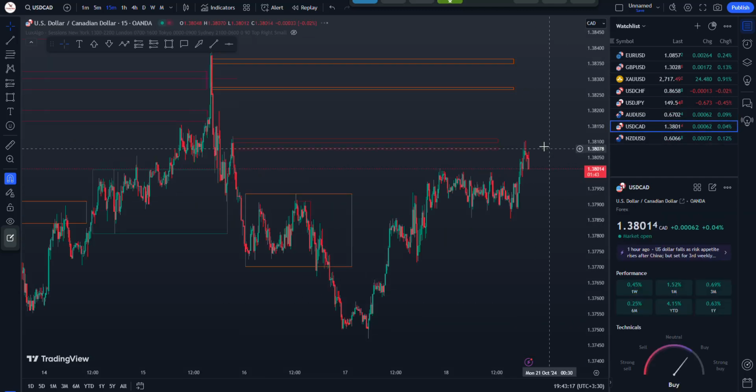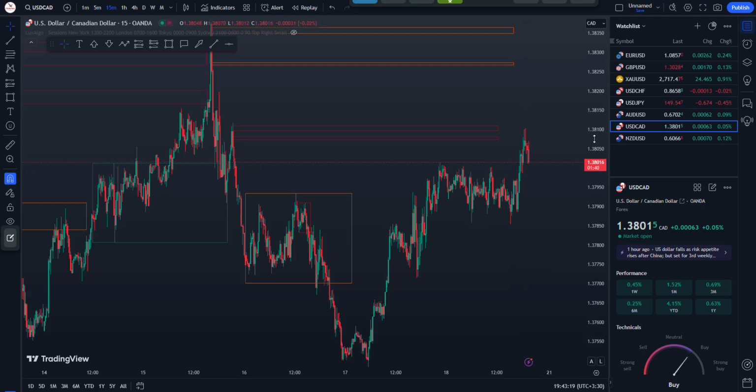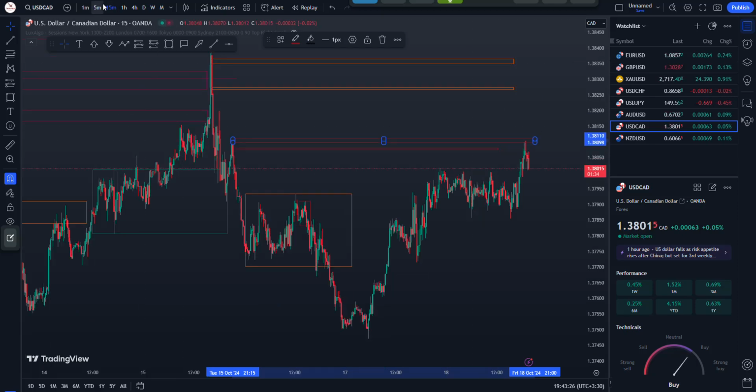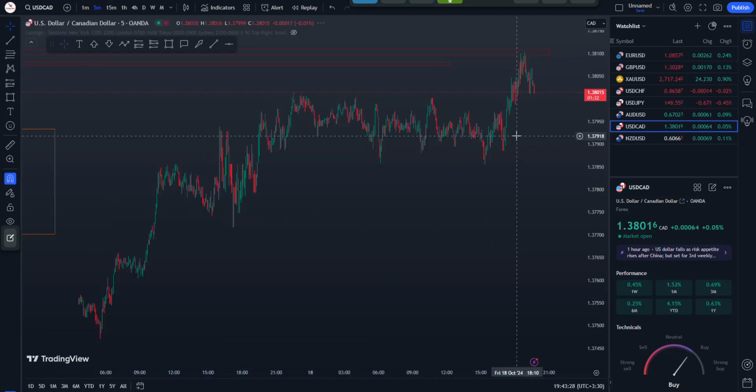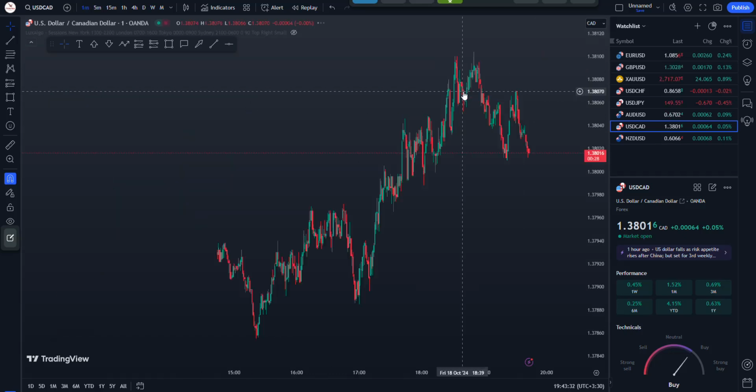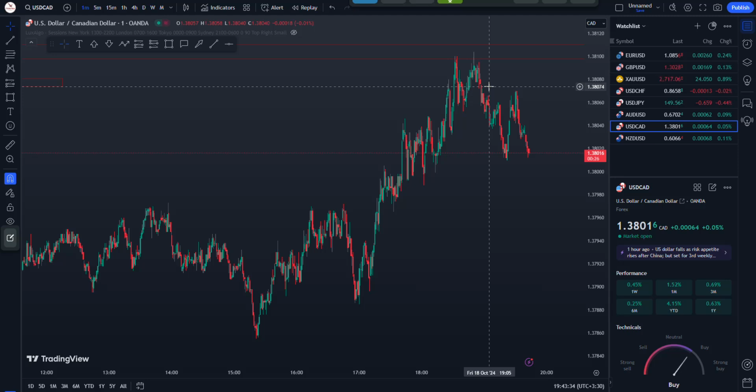USD CAD reached that level and made some reactions. After an engulf somewhere here, we can find some things here to go short again.